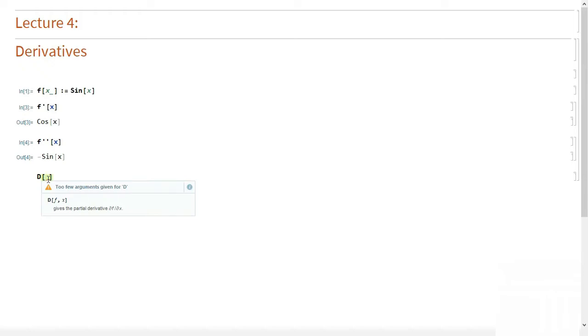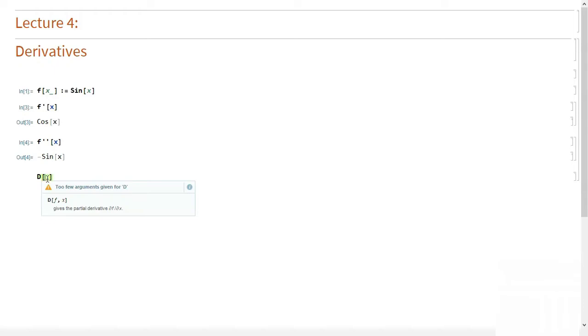So f is a function and x is the variable. Now note that it doesn't show you the full functionality. To know the full functionality, you have to click on this information icon, but I won't do that right now. We'll be showing you how to get derivatives of multivariable functions in the upcoming lectures.